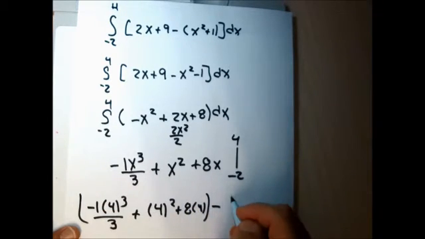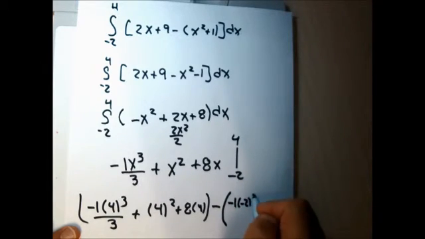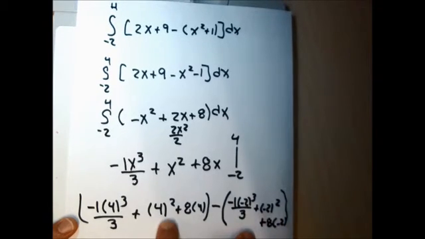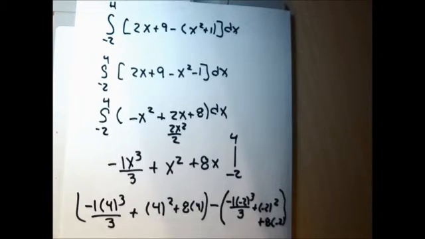And then minus, same deal, didn't leave myself enough room, -1 times -2 cubed over 3 plus -2 squared plus 8 times -2. Do both of these on my calculator just because it's easier for me.